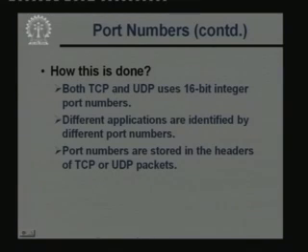In contrast, the port number is a 16-bit quantity. Both TCP and UDP use these 16-bit integers to represent port numbers, and applications are uniquely identified by different values of the port numbers. The TCP or UDP packets will have the port numbers stored in their headers, so that the packets can be delivered to the correct application.